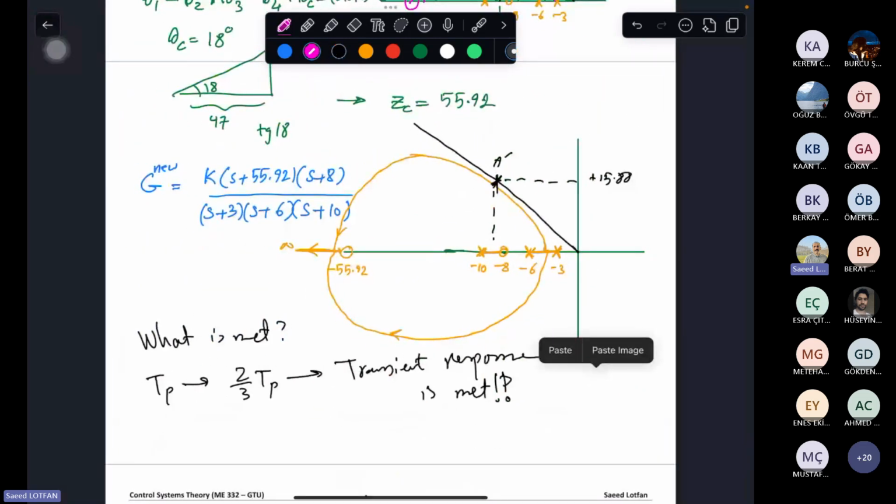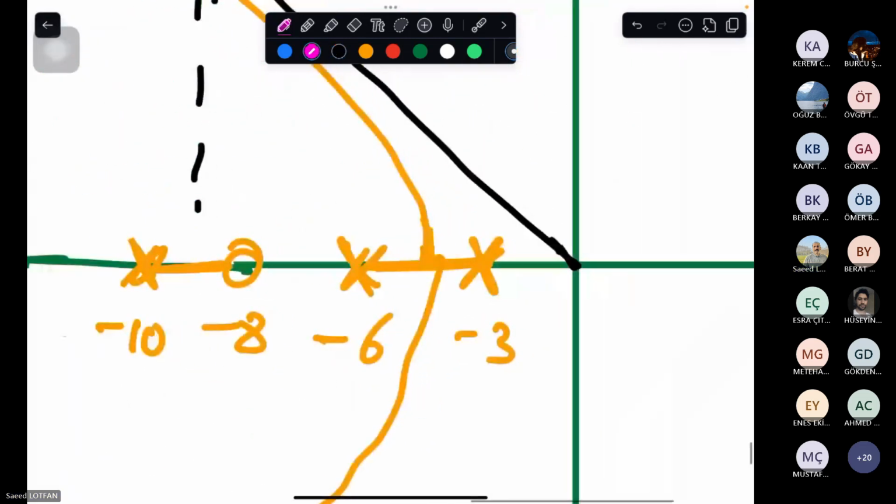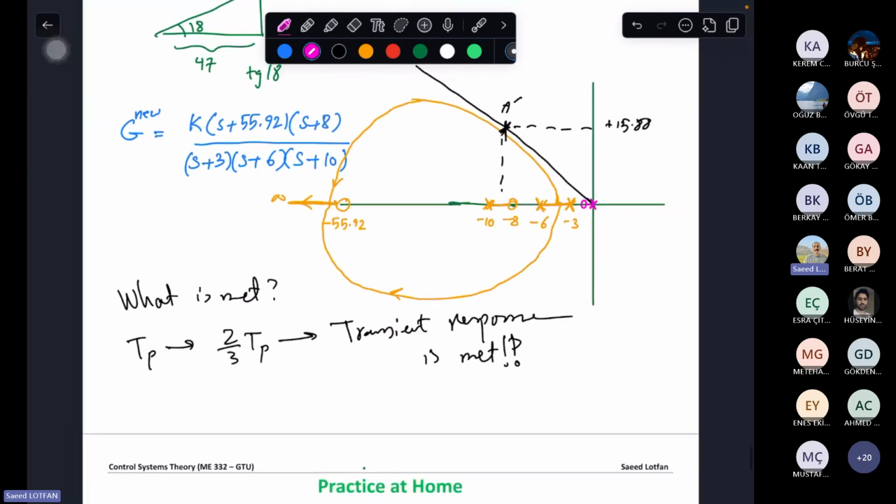Now, to make steady state error 0, what I have to do is to add the PI. What was the PI? PI was adding here a zero and a pole like this. This zero and pole means that my G new, I wrote in the same color, is K times (S plus 55.92)(S plus 8)(S plus, let's say, 0.1) divided by (S plus 3)(S plus 6)(S plus 10)(S).